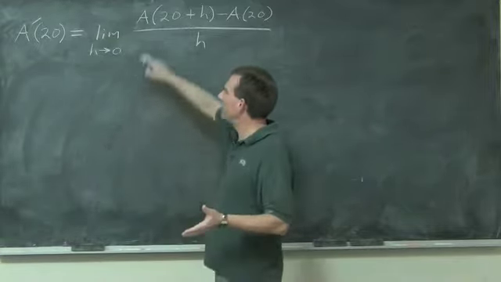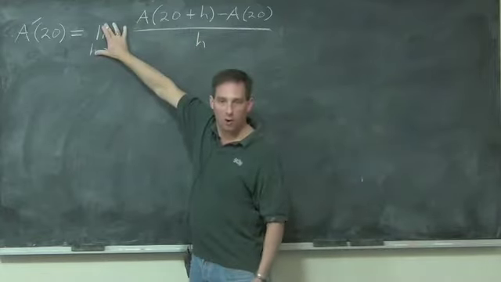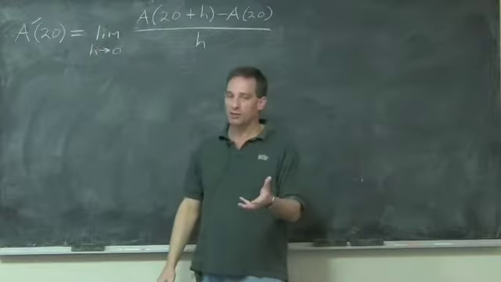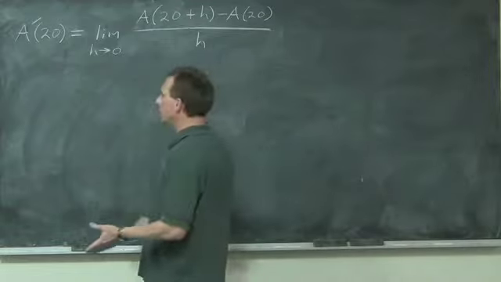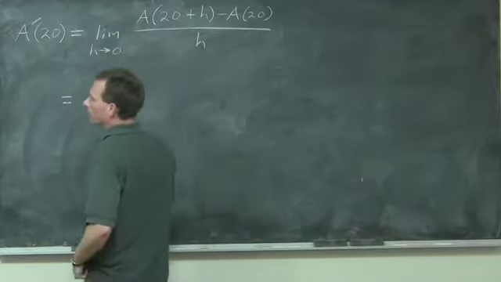What does this mean? We'd like to see if we can make that quotient arbitrarily close to some number by picking h close enough to 0. Well, let's look at this. What do you get? A at 20 plus h.